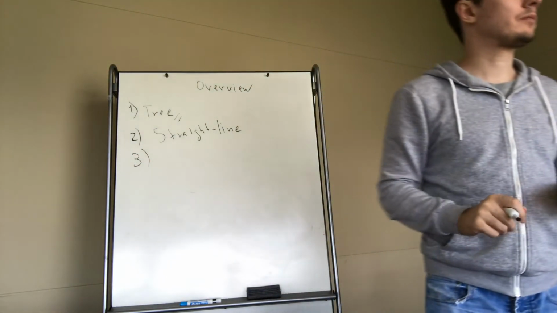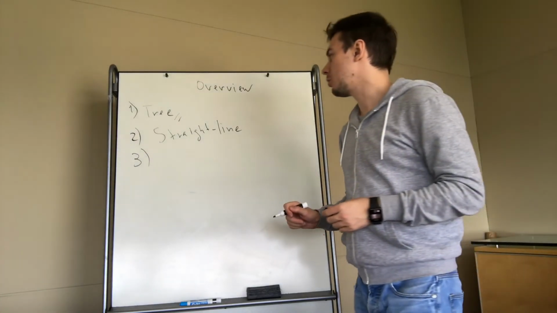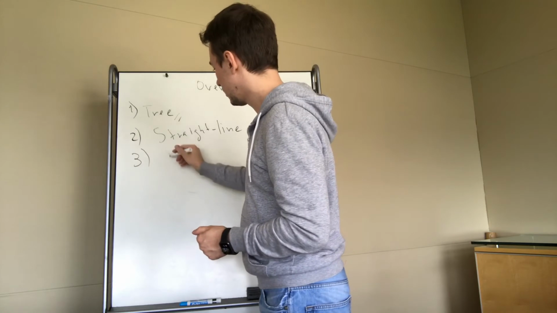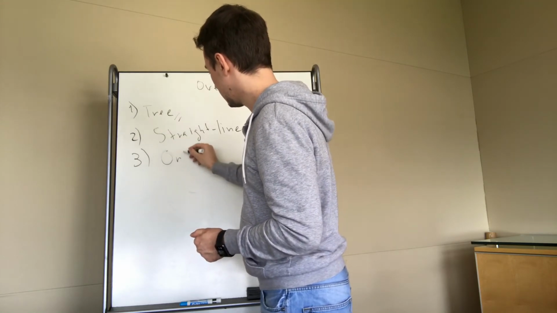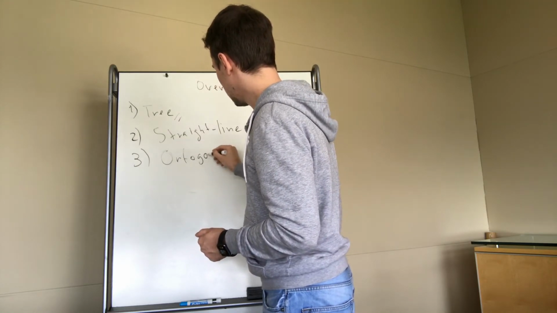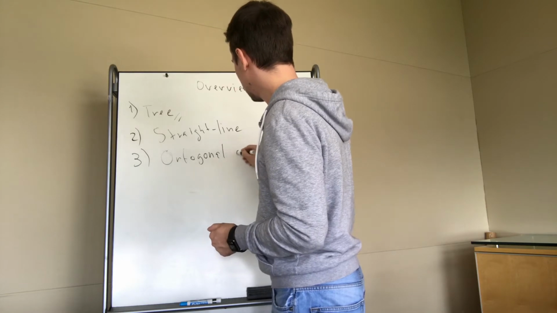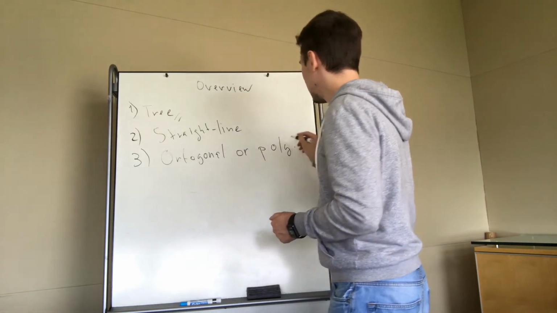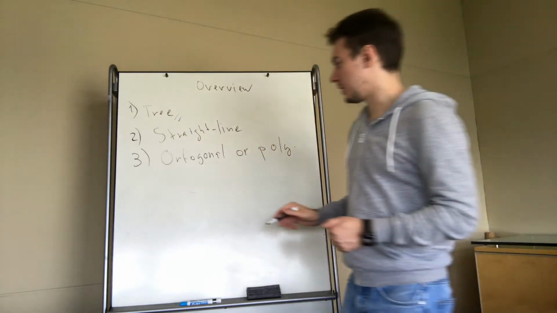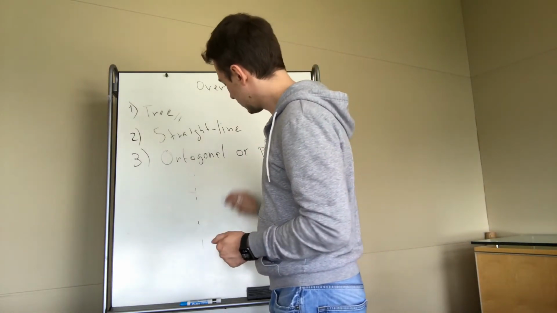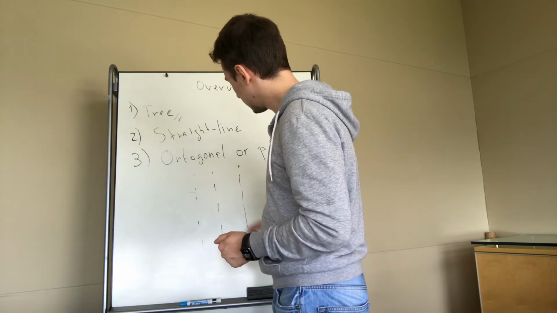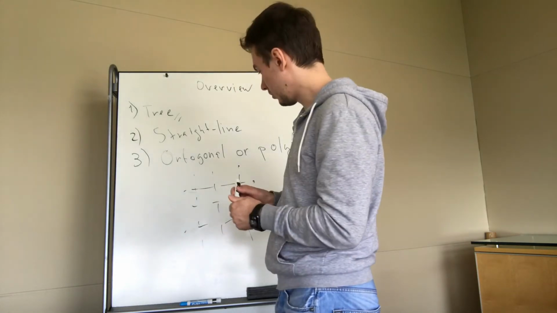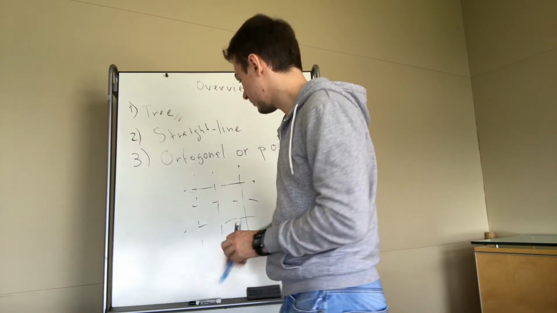The third class of drawing algorithms is orthogonal or polyline. Usually in these algorithms we use a grid to draw a graph.